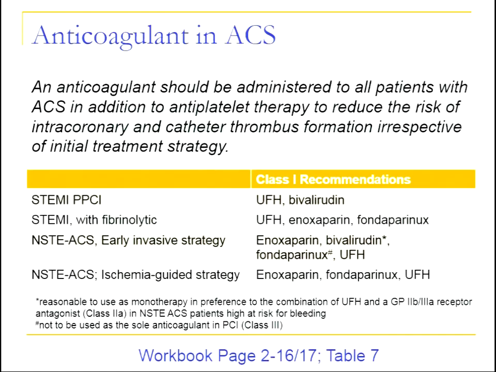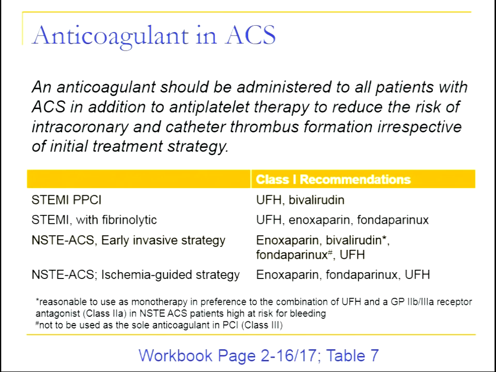the question then becomes, where are we going to go with anticoagulant therapy? And so everybody gets one anticoagulant, and based upon how that patient presents, you're going to choose which anticoagulant has the best data. So for example, if you are going straight to the cath lab in STEMI, the STEMI guidelines will say either choose unfractionated heparin or bivalirudin. If you are giving a lytic, if you're in the rural community and you can't get to the cath lab, it changes.